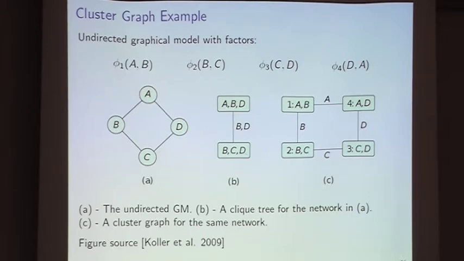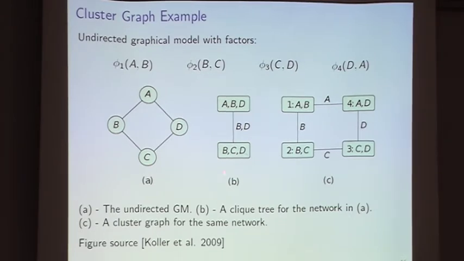To the first node, I will associate the factor phi1 and the factor AD, which is phi4, and to the second node, I will associate the factor BC and the factor CD. I can do message passing in this clique tree.